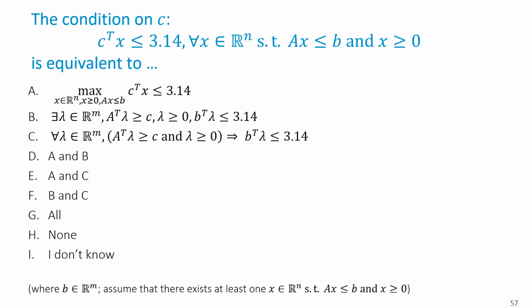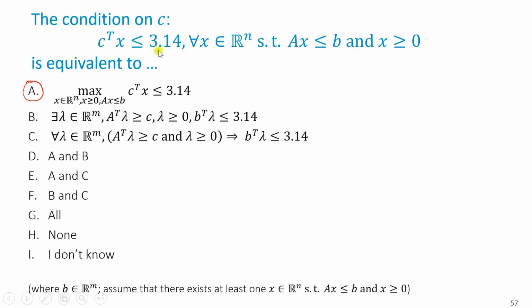And the majority says D, which is exactly correct. Well, what is obvious and easy is that A is true, because here we're saying the number 3.14 is larger than that for all values of x. So we are in the framework where we're saying an expression is larger than all values of a certain set.